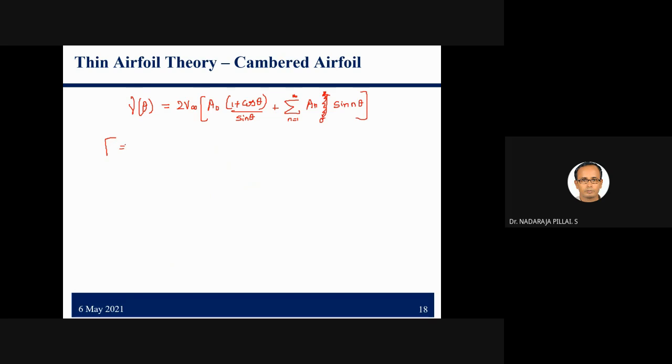So please write the total circulation, that is c into V infinity, we can say A naught into integral 0 to pi 1 plus cos theta d theta plus the summation of n is equal to 1 to infinity An integral 0 to pi sin n theta sin theta d theta.